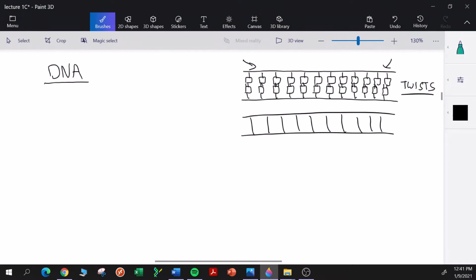Now these things right here, we're going to call these phosphodiester backbones. We'll learn more about that. And just briefly, so what is a nucleotide?